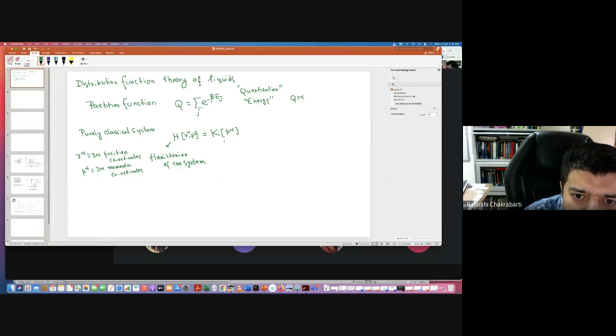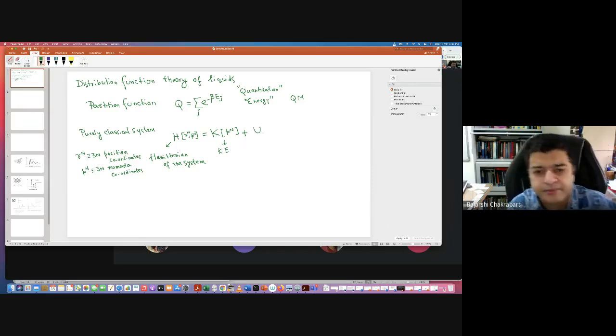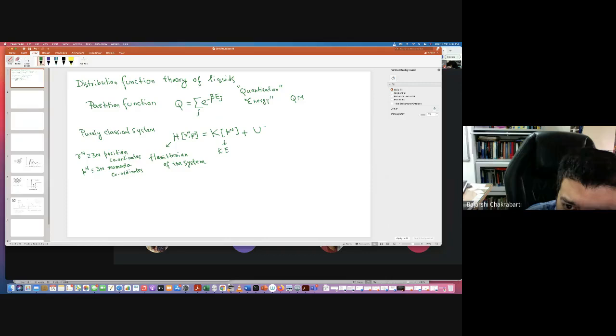This is your kinetic energy. What about the potential energy? V or U, I'm calling it U. You can call it V, doesn't matter. And this depends on only r to the power of n, isn't it? This is the structure I have for the Hamiltonian.